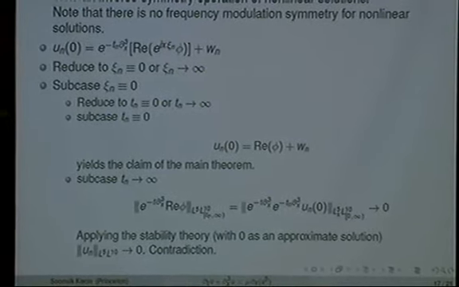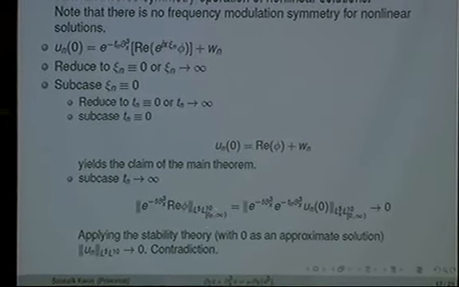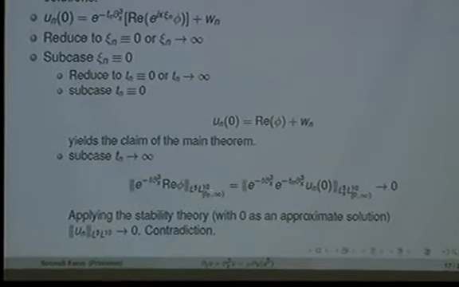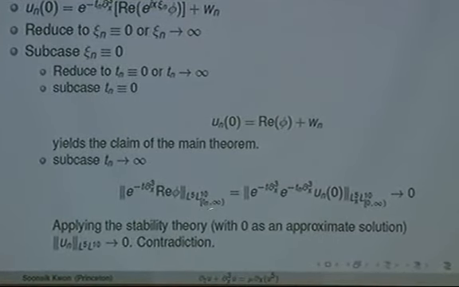Because Tn goes to infinity, the time interval of the space-time norm at Tn to infinity is getting smaller. So the norm of this should go to 0 for the linear solution, and by steady decaying, the linear solution also goes to 0, which means the contradiction.